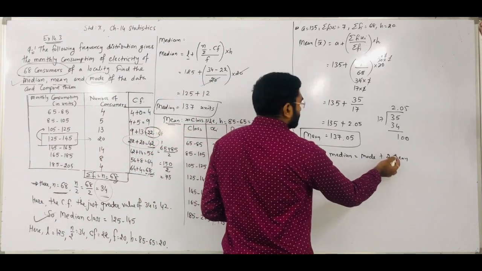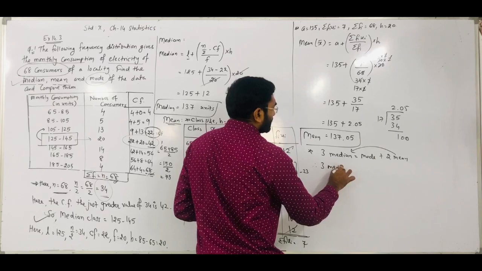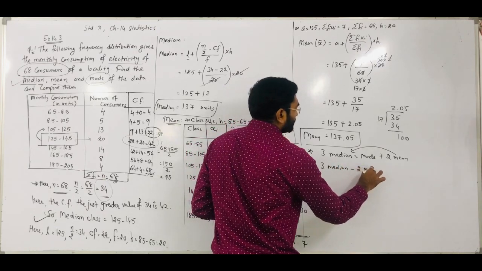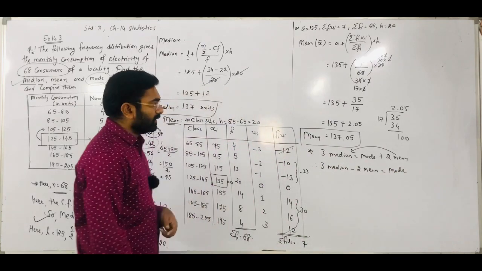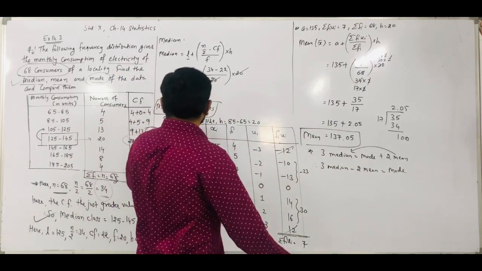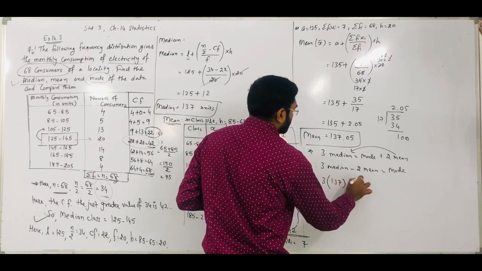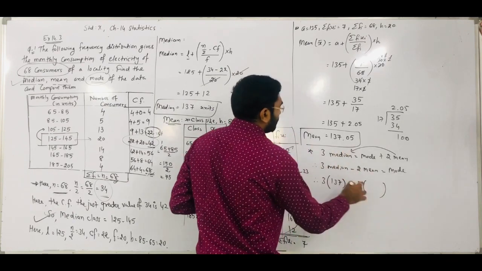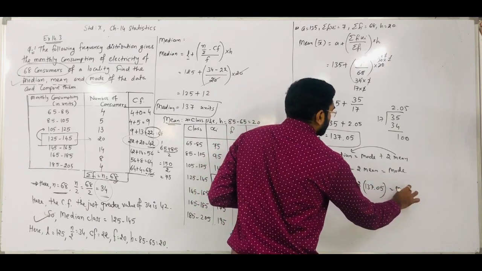Okay, so the 2 times mean we take to the left hand side, and it becomes a minus. Right. So mode is the main term, mode is the main term which we have to find out. Now median value here we found is 137. Median value is 137 minus 2 times mean value we already found, 137.05, is equal to mode.